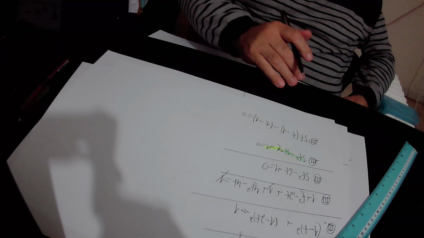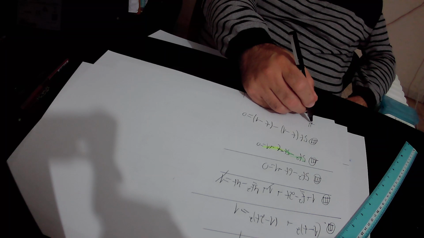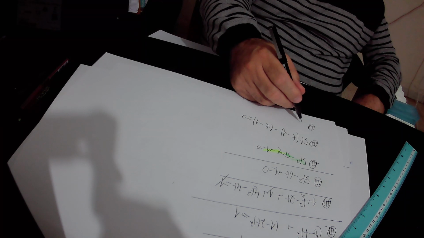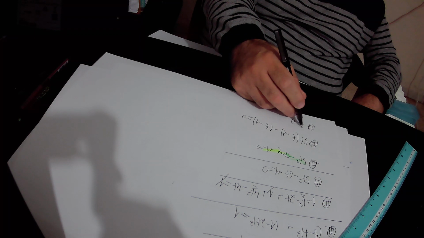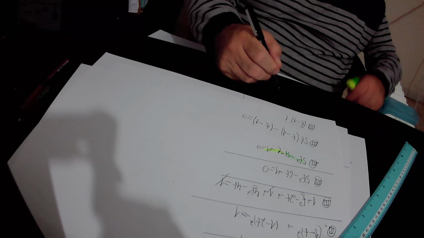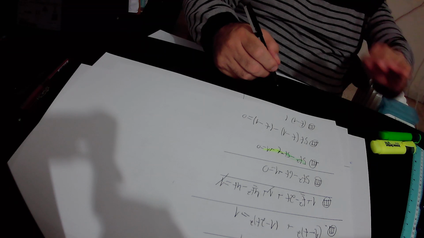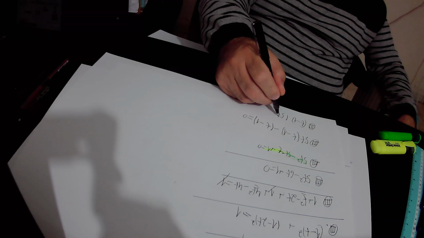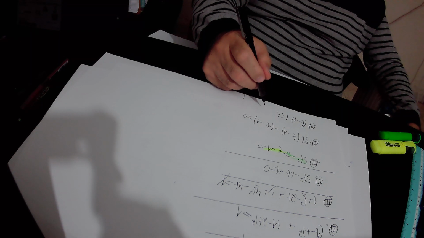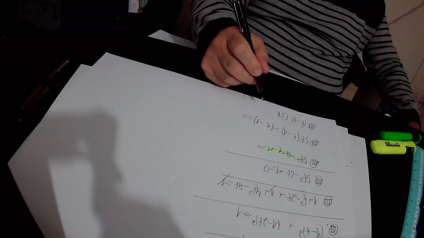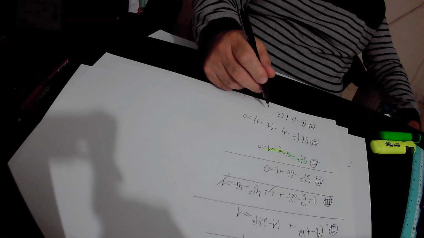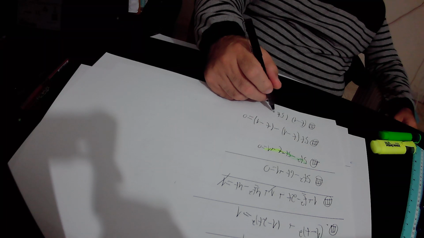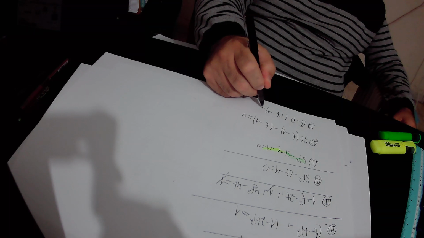In the next step, we take t minus 1 as a common factor from those two expressions. So what is left from 5t times t minus 1 after we took from it t minus 1 as a common factor? What is left is actually 5t. And what is left from minus t minus 1 after we took from it t minus 1 as a common factor? What is left is actually minus 1. It is equal to 0.